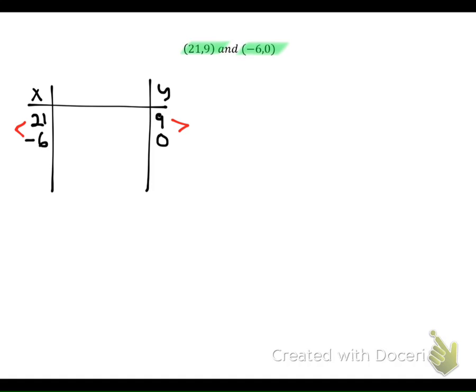Now my change in y is minus 9. My change in x, I know I'm subtracting. It's going to be minus 21 to get to 0, then minus 6 more. So that's minus 27 over here. Now I'm ready to find my rate of change: delta y over delta x. I have negative 9 over negative 27.